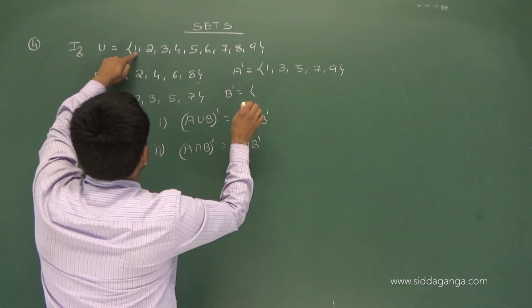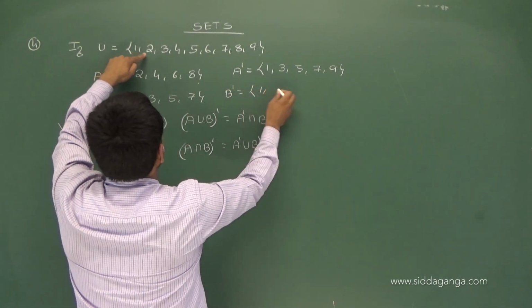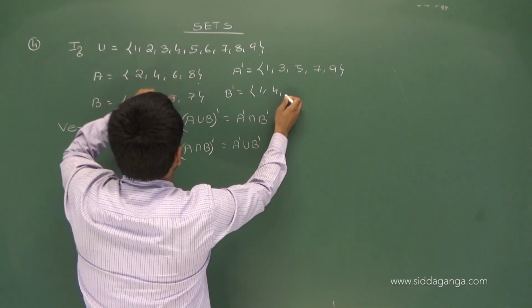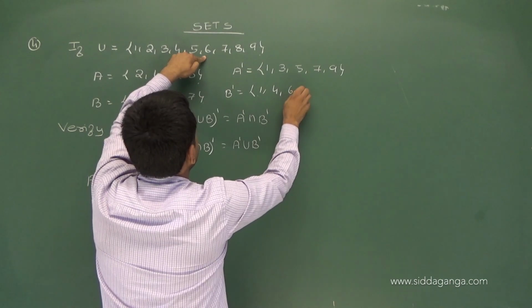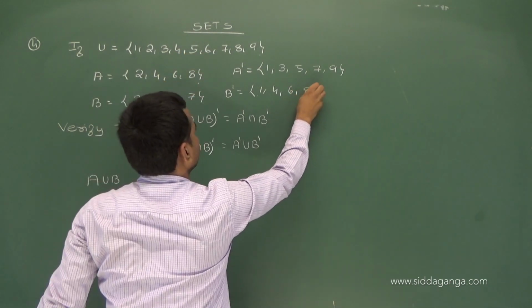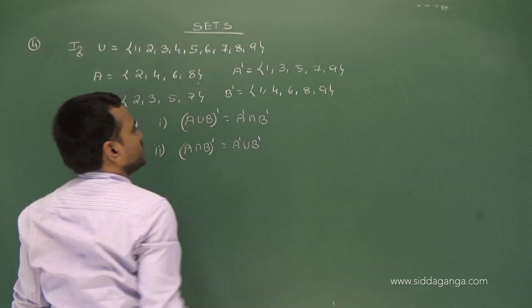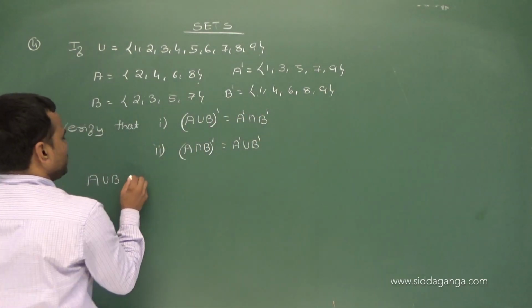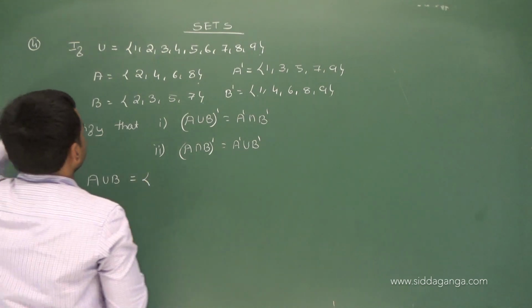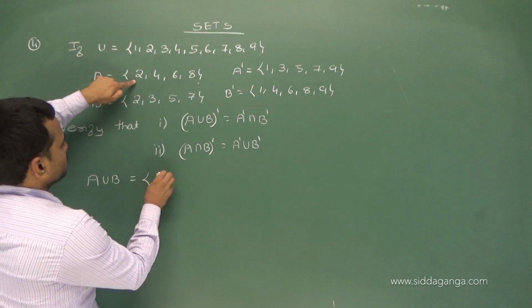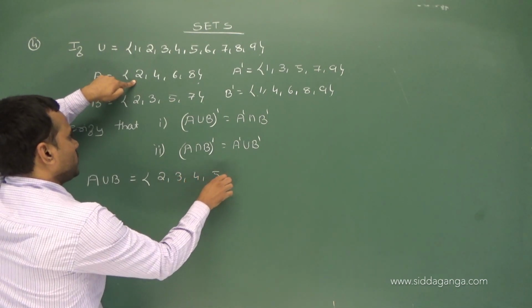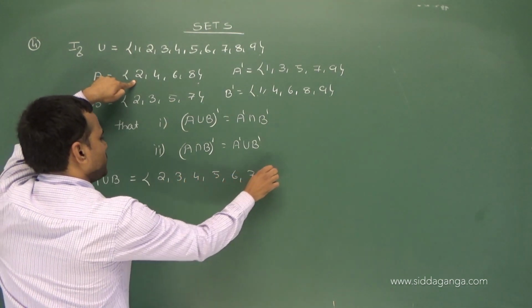B dash. Check out. 1 is present? No. 2 is present. 3 is present. 4? No. 5 is present. 6? No. 7 is present. 8? No. 9? No. That is A dash and B dash. Now A union B, everyone knows A union B: 2, 3, 4, 5, 6, 7, 8.